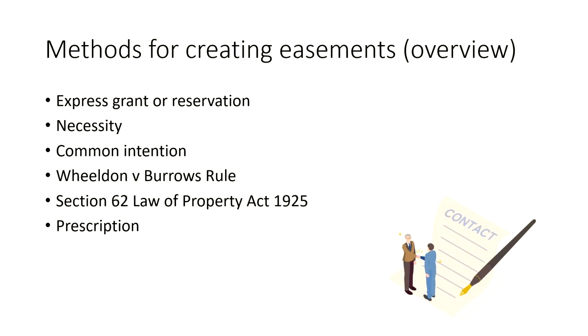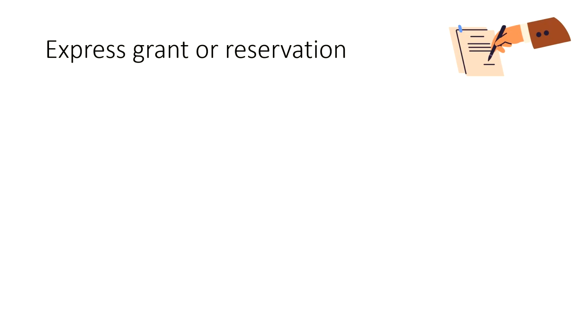So we go through them bit by bit to cover any kind of differences, any overlaps, what's really important to remember, and so on. So the first one we look at is an express grant or reservation.